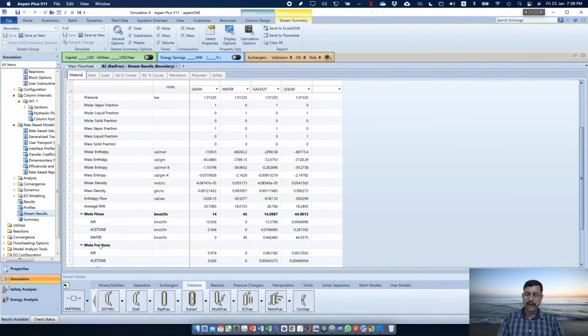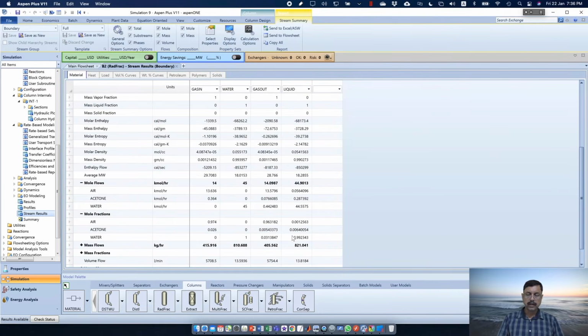If you see the mole fraction, the liquid is 99% water, and in the gas out 96.3, sorry, it should be 99% only. So gas out consists of mainly air and liquid consists of only water.